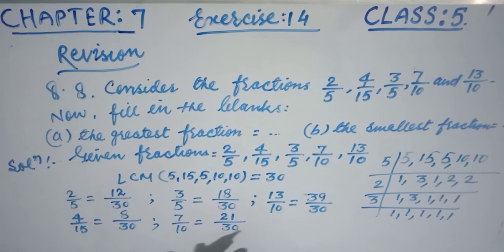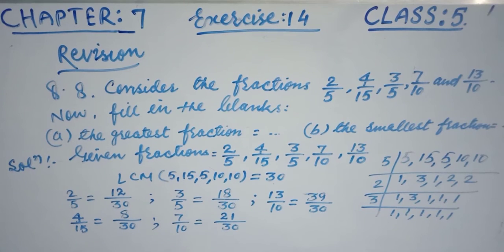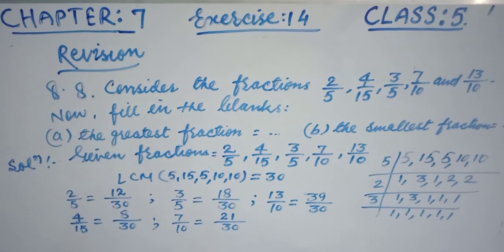And now look, friends, all fractions have the same denominator, 30. Then we can easily find out the smallest fraction and the greatest fraction. And now see, friends, how we can find it, because we have already changed all the fractions to the same denominator, 30. Now we have to observe the numerators, and which numerator is greater means the greater fraction, and which numerator is less means the least fraction.